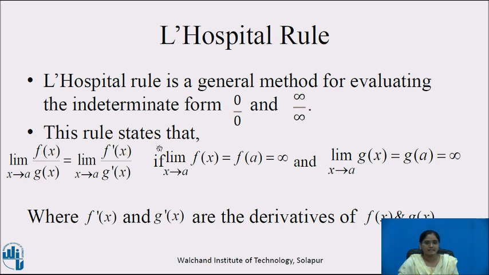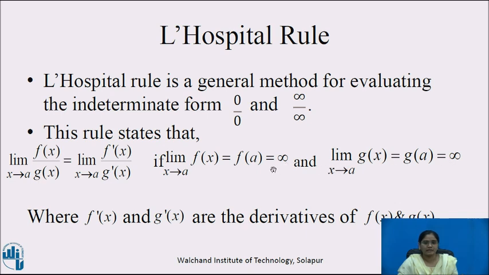This rule states that limit x tends to a f of x upon g of x is equals to limit x tends to a f dash of x upon g dash of x, if limit x tends to a f of x is equals to f of a, which gives either infinity or 0, and limit x tends to a g of x is equals to g of a, either infinity or 0.